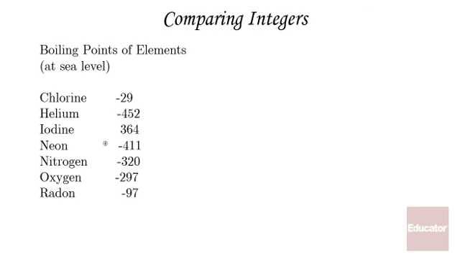Let's look at how absolute value is useful for comparing integers. Here we have some boiling points of elements at sea level. In order to compare the integers, let's first take out the positive value. The positive value is obviously the largest value. The absolute value of negative 29 is 29.